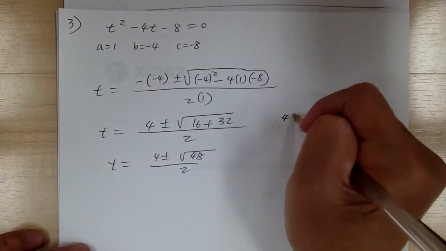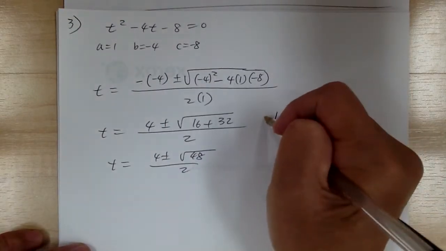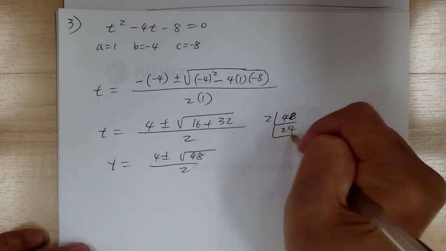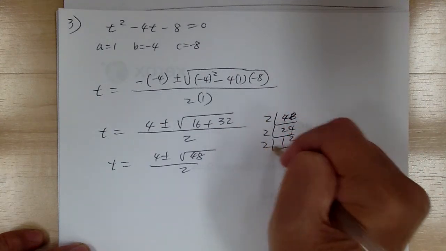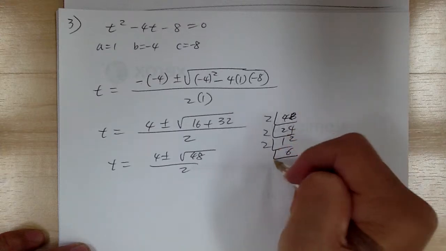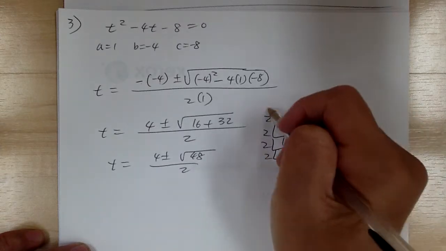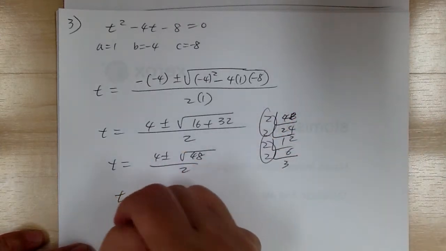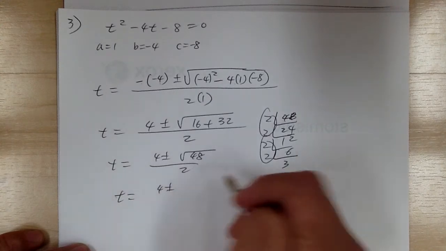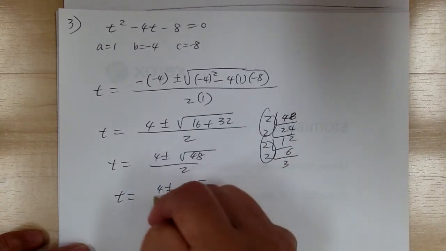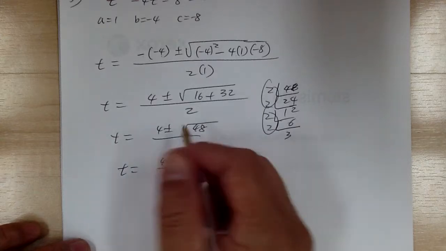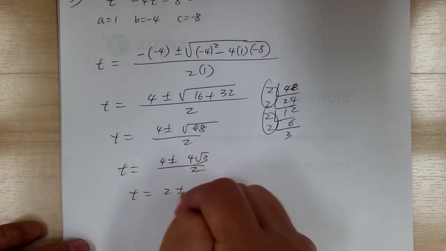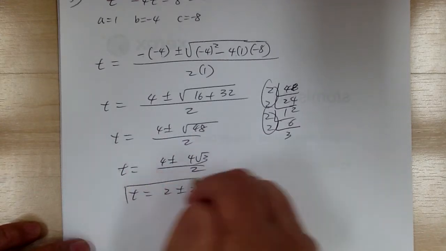And you go up to the side to simplify. So this comes out, t equal to 4 plus or minus 4 square root of 3 over 2. Dividing by 2, so you get 2 plus or minus 2 square root of 3.